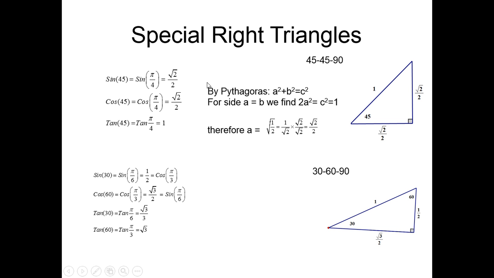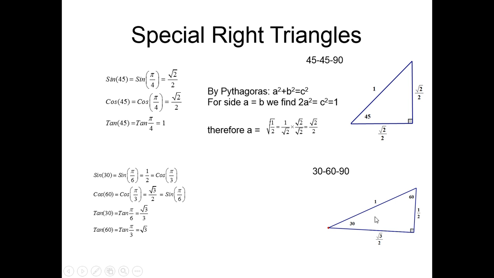So in the 30, 60, 90 triangle, I think you'll recall, 30, 60, 90 is basically derived from the equilateral triangle. So we took an equilateral triangle whose sides were 1, and we cut it in half. We would have a 30, 60, 90.